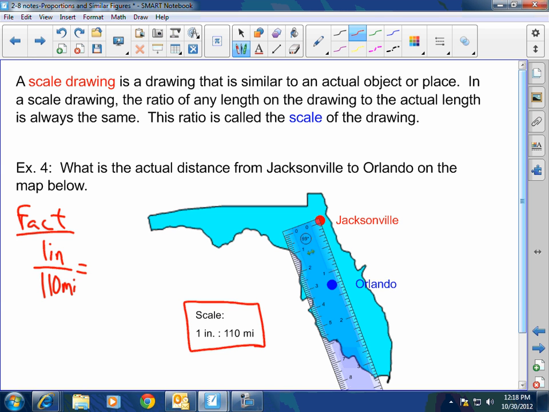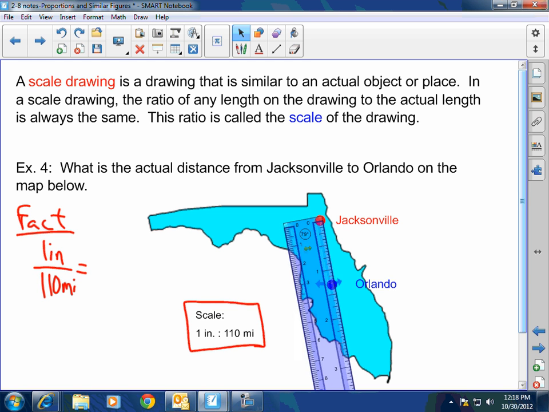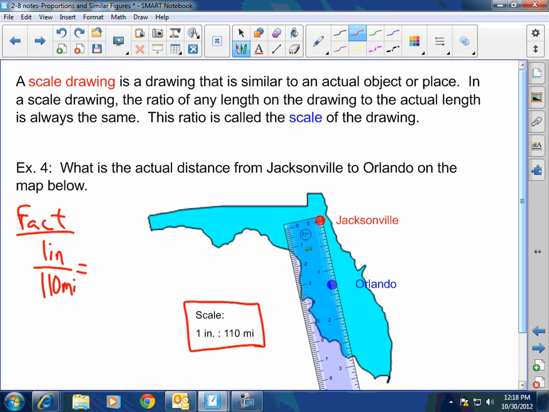Now, what was I given here? I was given the measurement in inches. I don't know if you can see it from here, but I'm going from here to here. It's roughly, right about 1.5.